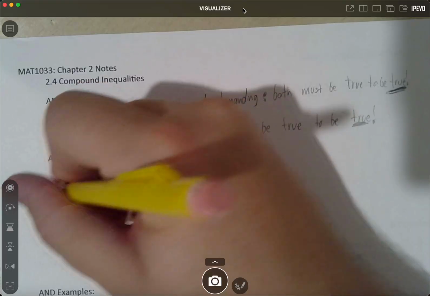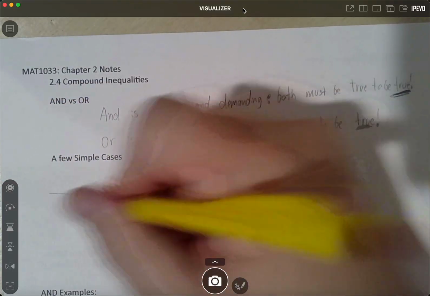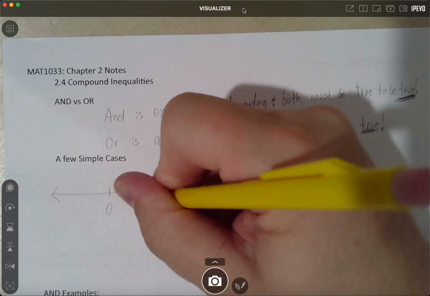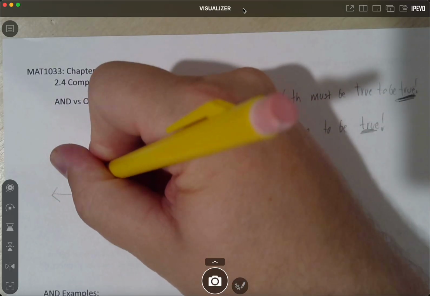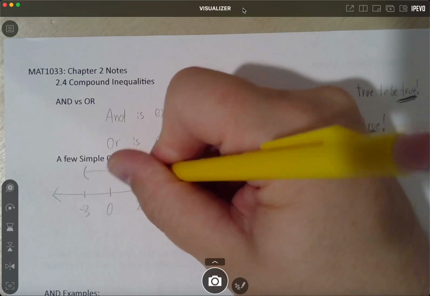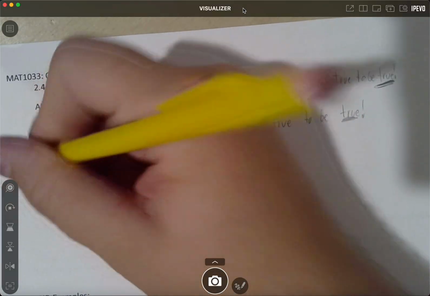Here's case 1. Case 1 is that I've got a graph, maybe here's 0, here's 2, and then here's -3. Let's say that my first equation looks like this, and my second equation looks like this.